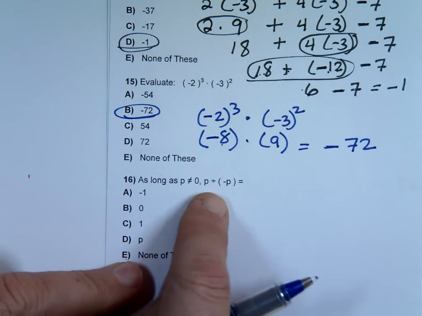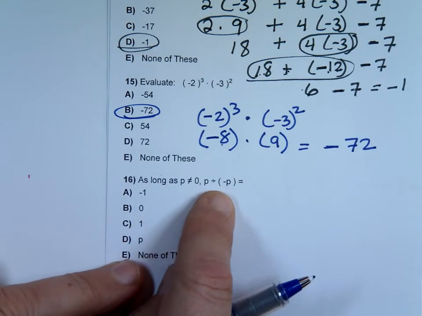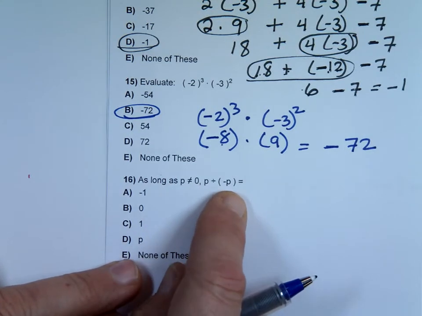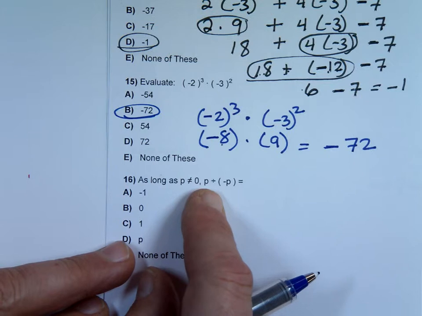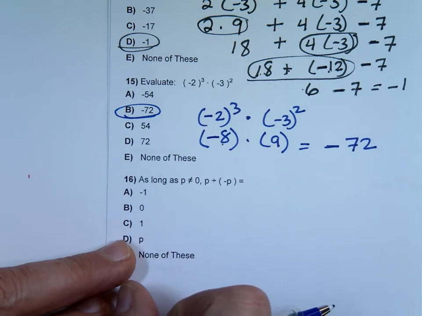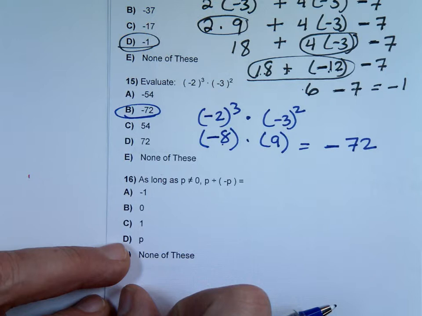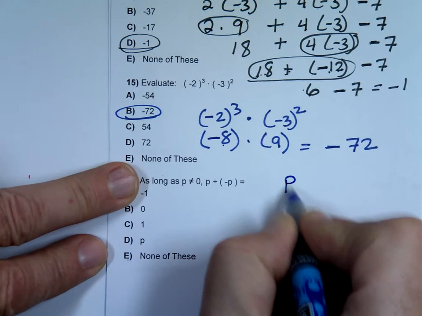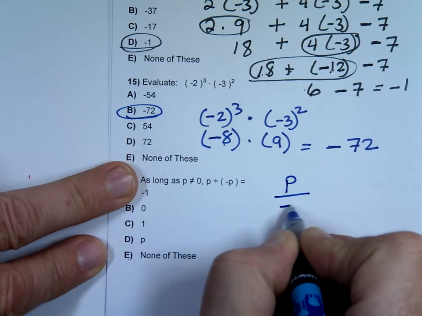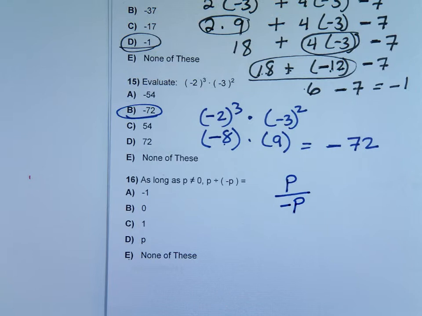Now it says P, and this is the opposite of P. A number divided by the opposite of the number. Somebody pick a number. Any number. 7.